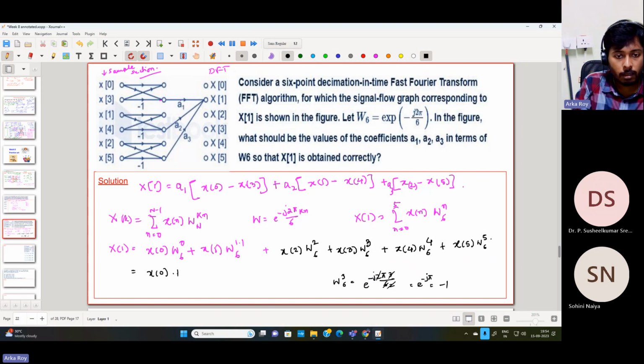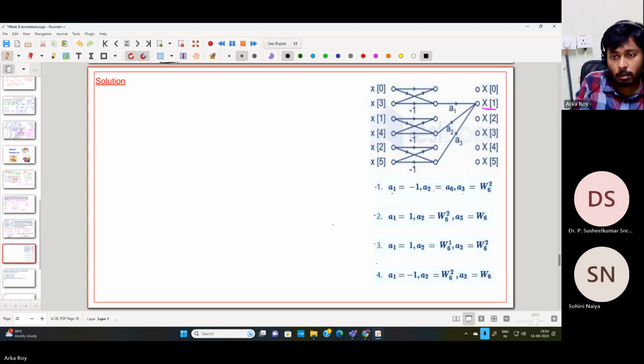So I can write it as x naught minus x3 multiplied with 1. So A1 is 1. So the first answer we have found, so option 4 is nullified.